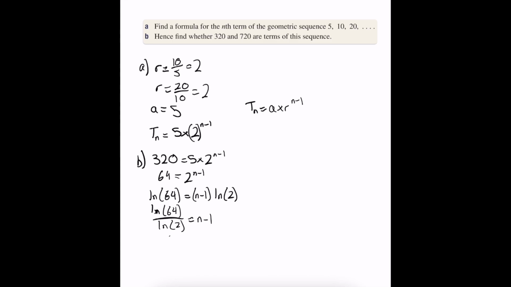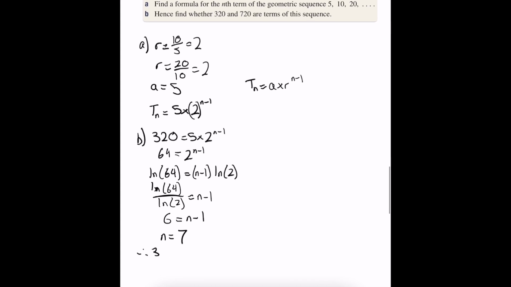If we plug it in our calculator, we'll get 6. And so that means n is equal to 7. So it's our 7th term. And because n is a whole number, we can say, therefore, 320 is the 7th term of the sequence. That's what we can conclude there.